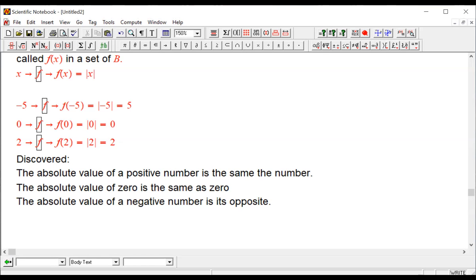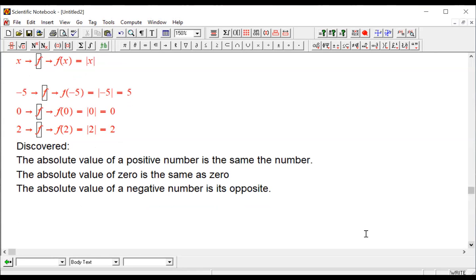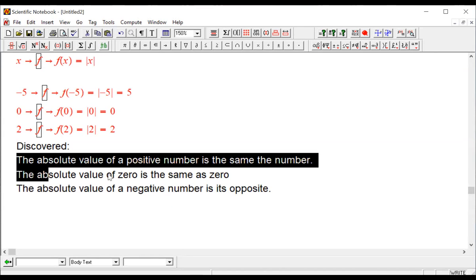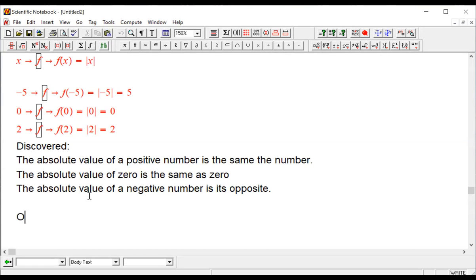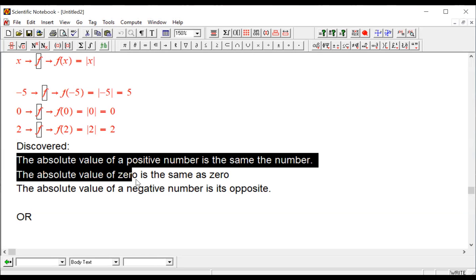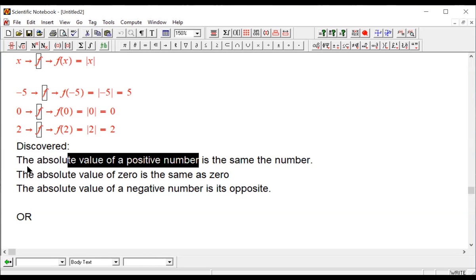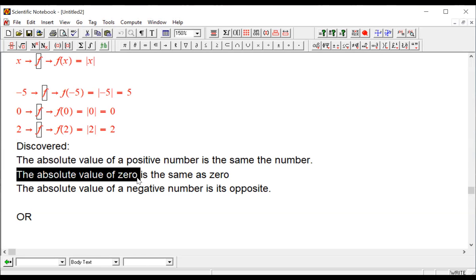Now we're going to combine these two sentences: the absolute value of a positive number and the absolute value of 0.